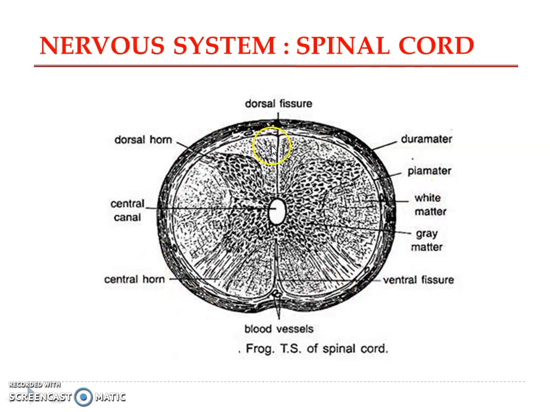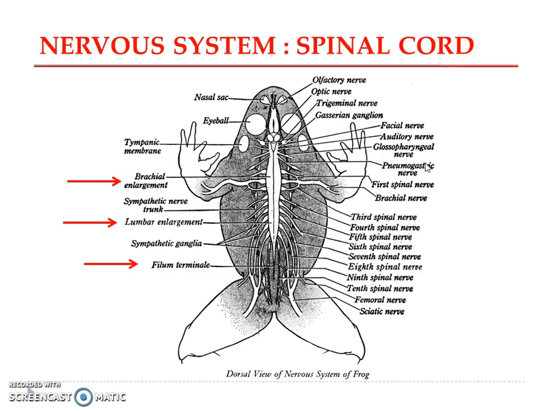In the cross section, you can see the spinal cord is protected within two meninges, the dura mater and the pia mater, and between the two meninges layers there is the cerebrospinal fluid. All this is almost similar to what we have seen in the brain of the frog.